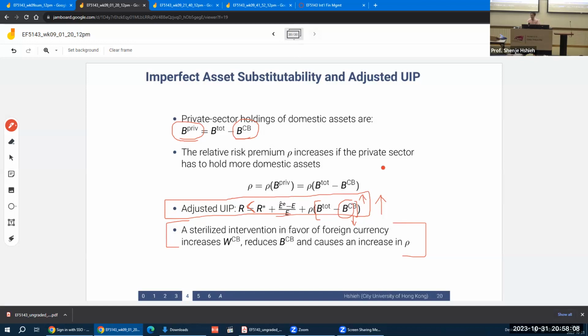I'm only parameterizing rho with domestic bonds, but you can easily see how changing the supply of your trading partners' privately held debt could change rho as well, right? So just be aware that I'm only parameterizing in terms of domestic bonds because we typically think of monetary policy as changing B_CB, right, instead of B star CB.